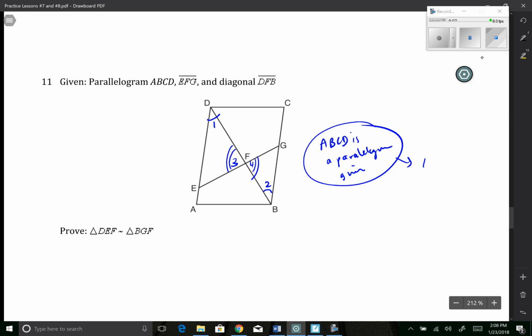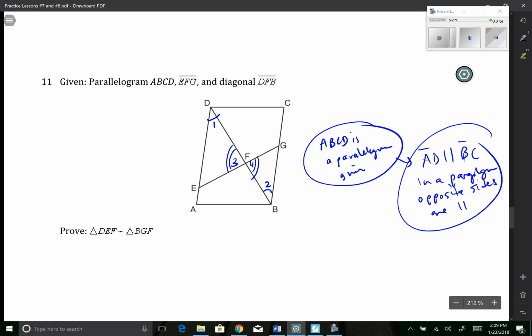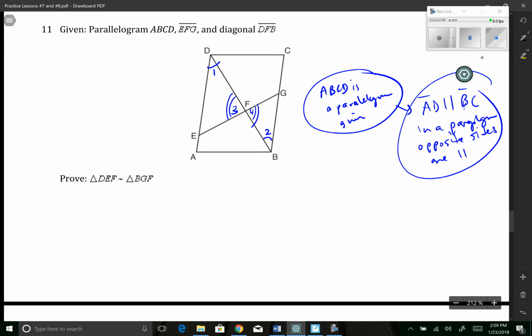I can then say that AD is parallel to BC, because in a parallelogram, opposite sides are parallel. Then I can say angle 1 is congruent to angle 2 because of alternate interior angles.